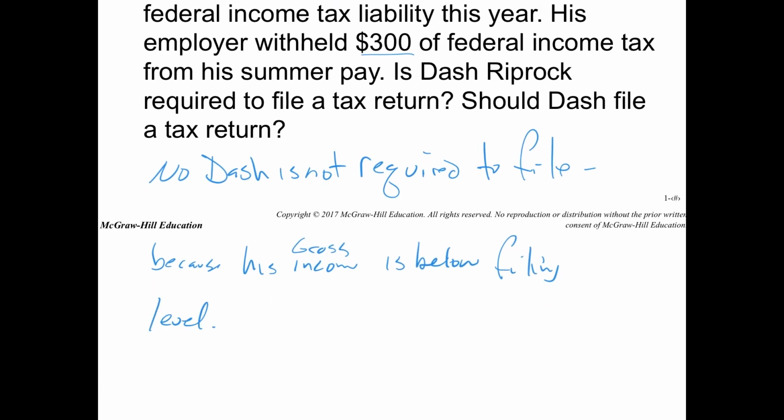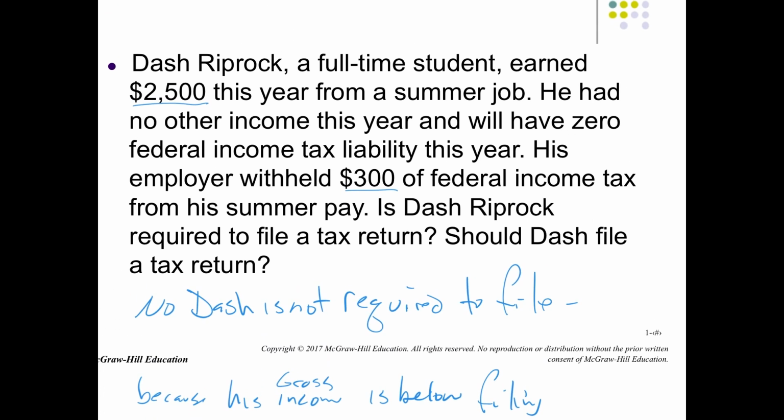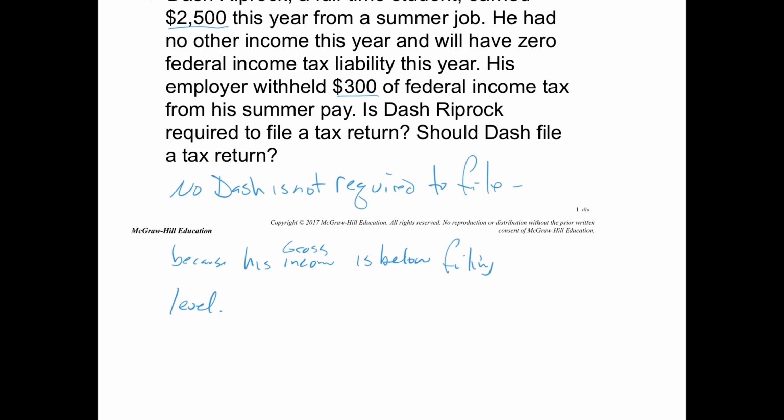And remember that filing level chart was at the beginning of this video, and it's in your PowerPoints, okay, and it's in your chapter. So if you make below that amount, and $2,500 is definitely below $12,000, you are not required to file.